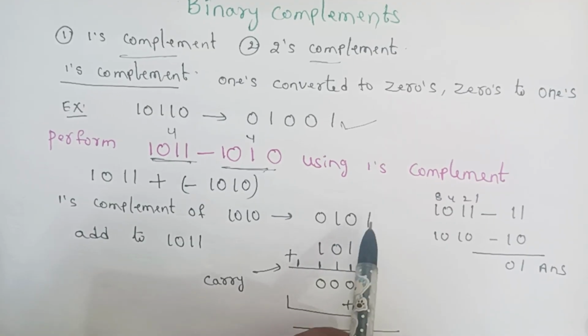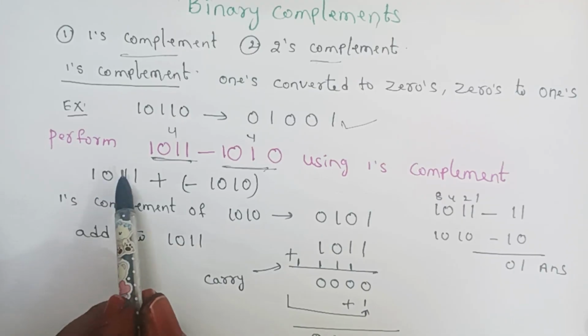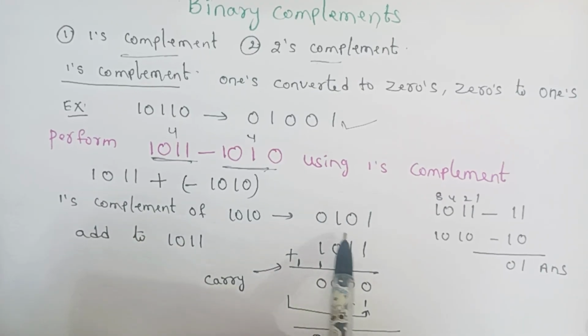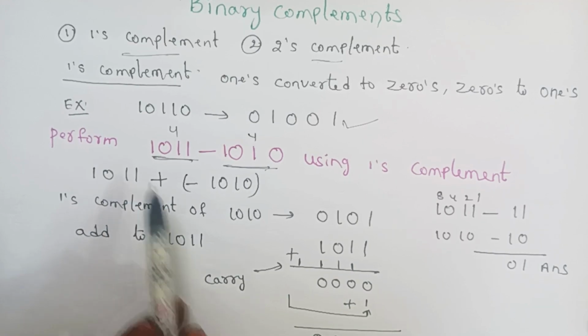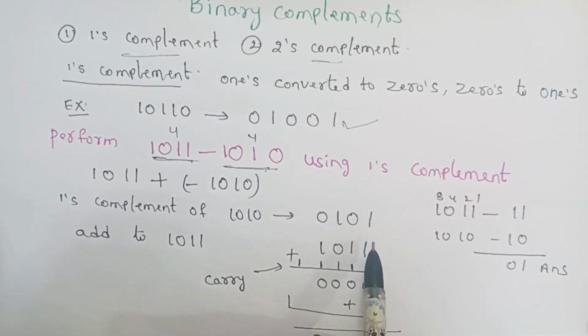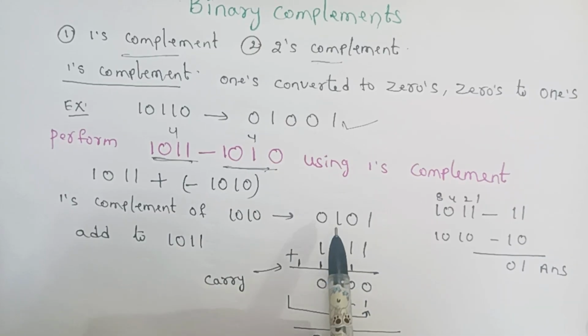For this 1's complement, we add 1 0 1 1. So 0 1 0 1 plus 1 0 1 1: 1 plus 1 is sum 0 carry 1; 0 plus 1 plus 1 is sum 0 carry 1; 1 plus 0 plus 1 is sum 0 carry 1; 0 plus 1 plus 1 is sum 0 carry 1.